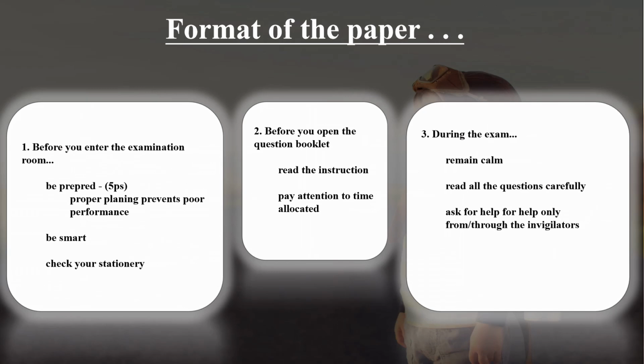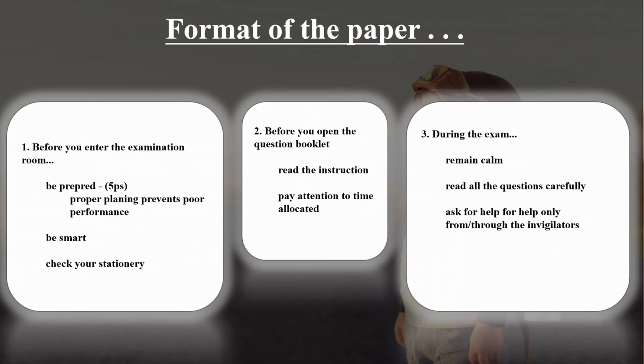Before we go deeper into understanding this paper of chemistry, this is what I need you to know. Since you are getting closer to your examinations, before you enter the examination room, make sure that you are prepared. I want you to remind yourself of the 5 P's, meaning proper planning prevents poor performance.